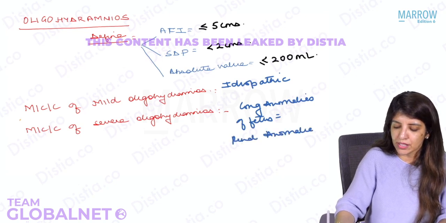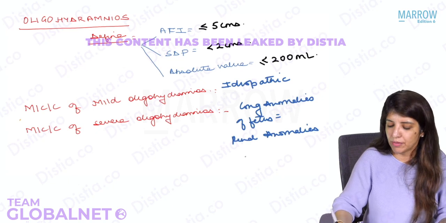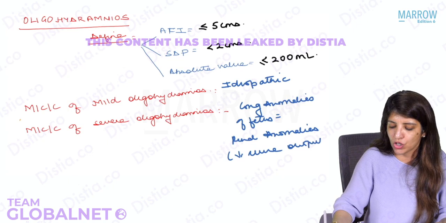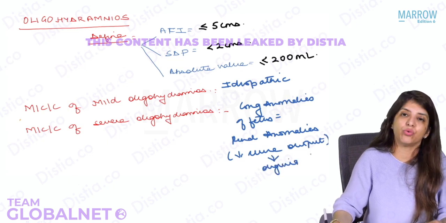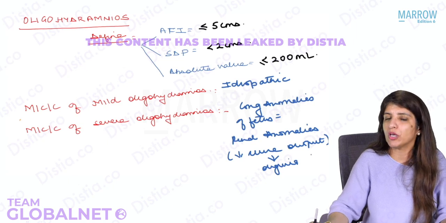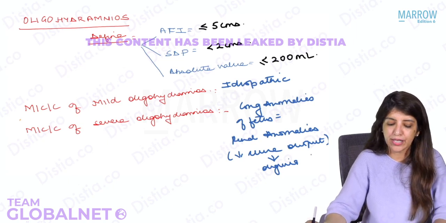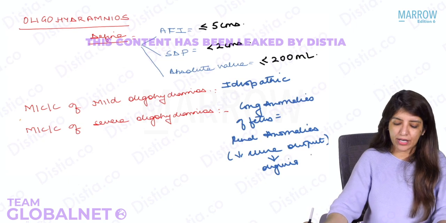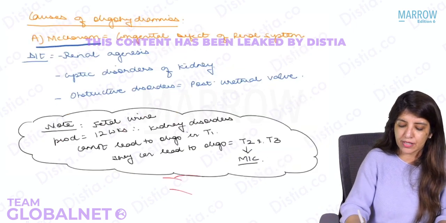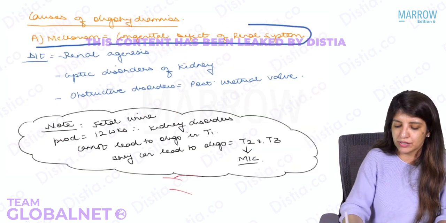So common sense tells me that yes, if there is renal anomaly, there is going to be decreased urine output, and because of which there is going to be oliguria or anuria, and because of which there is going to be oligohydramnios. Right? So the causes of oligohydramnios, number one mechanism is congenital defect of the renal system.